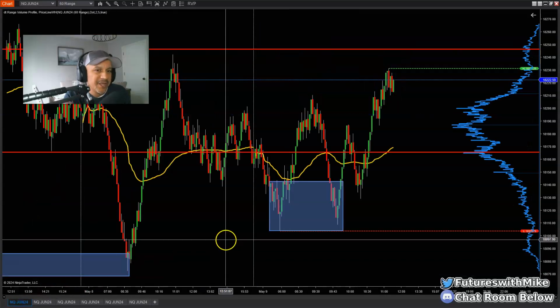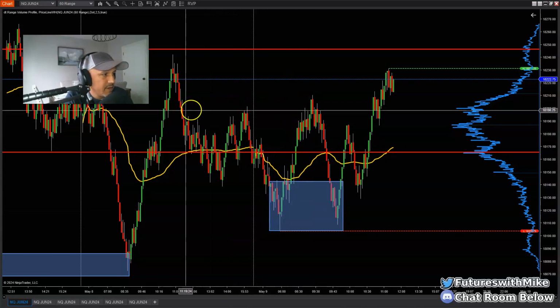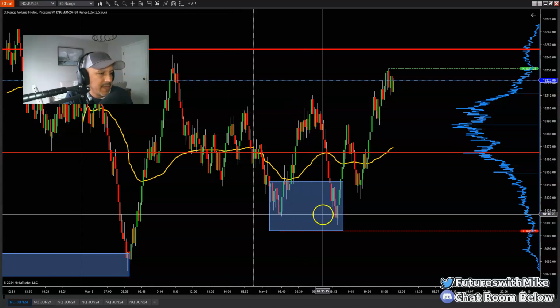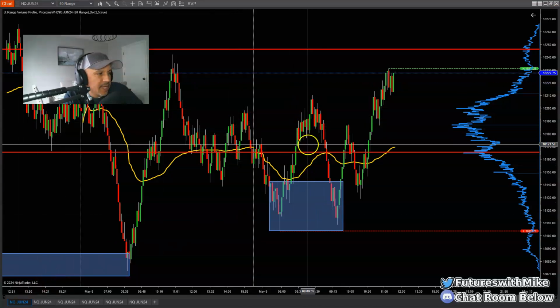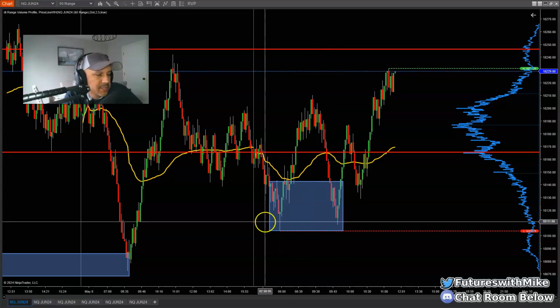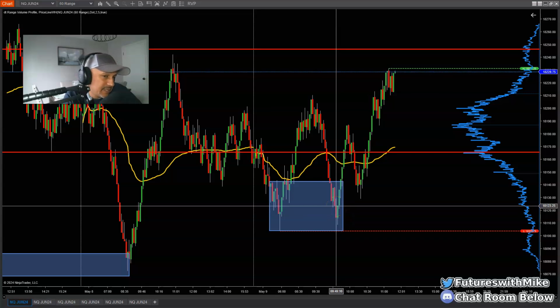That's a 120 range demand zone. Even on a 60 range, you see we broke above this area right here, so we're breaking structure to the upside, but then it pulls back. When it pulls back lower, it looks as if the market is trying to break below this low here, but it didn't. It turns back around, and you get the break and close of the candle to the upside on the 60 range.